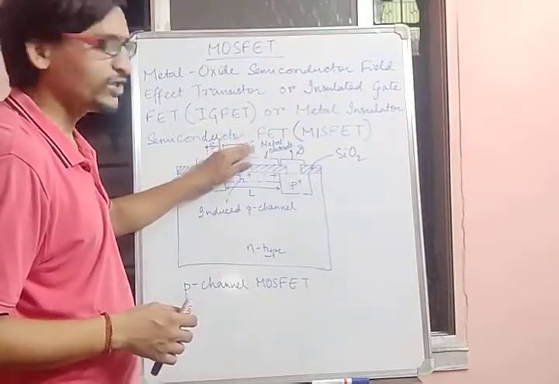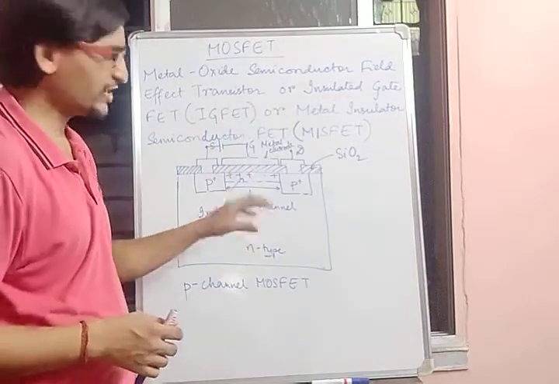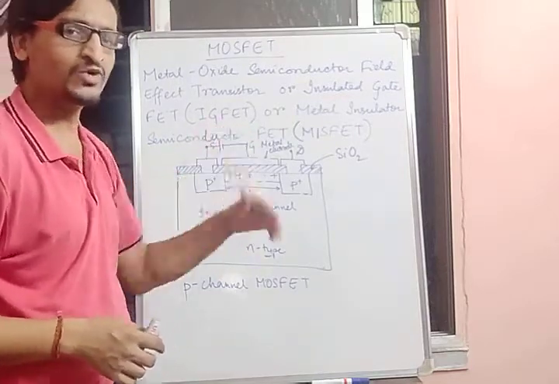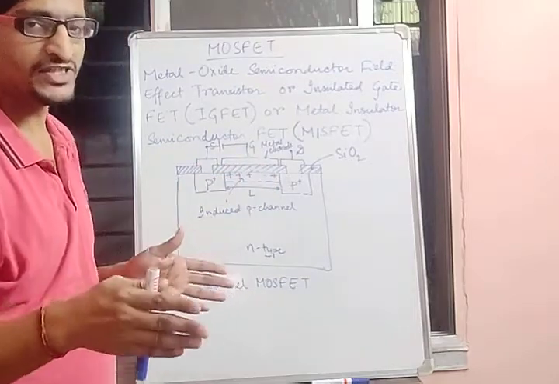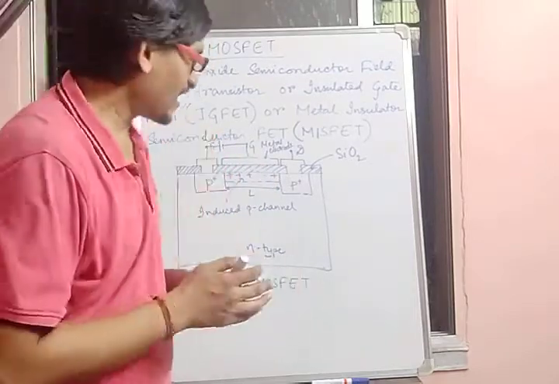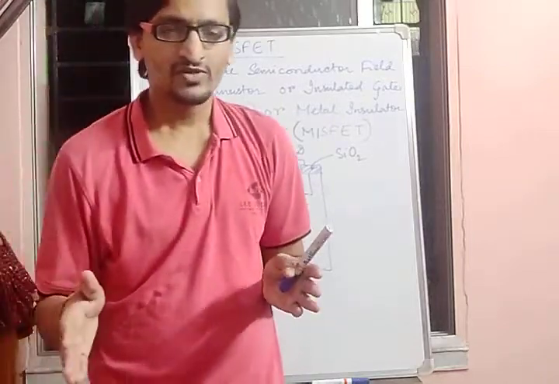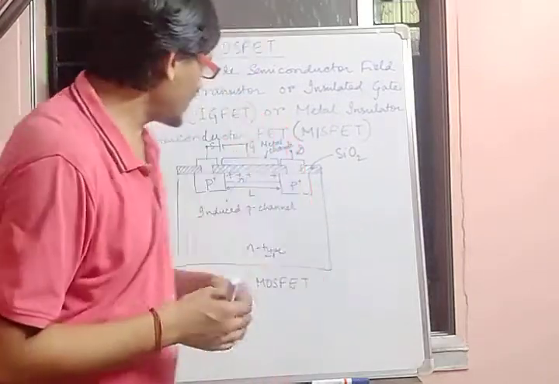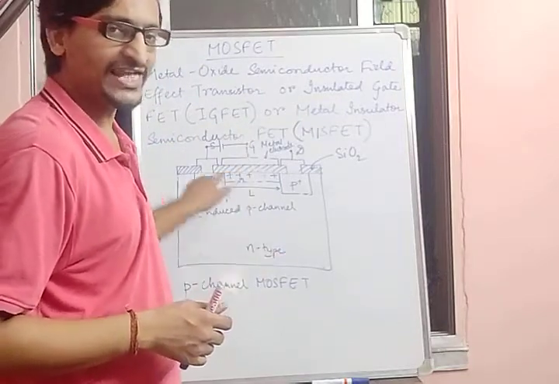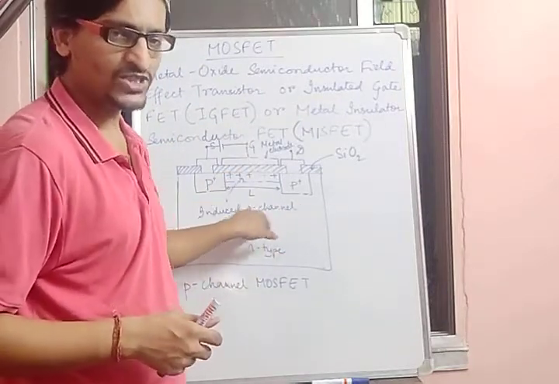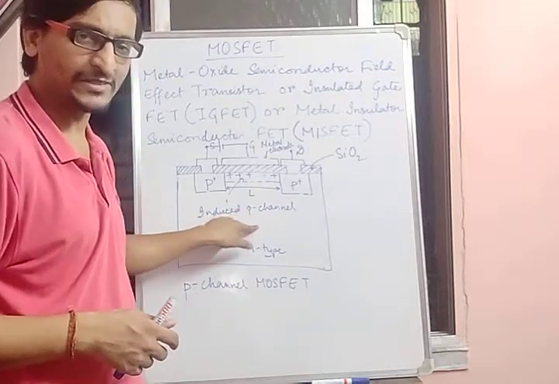Now if I make this terminal more and more negative, what will happen? After a particular threshold value, this negative voltage will attract the holes from this N-type substrate. Holes are minority carriers in this N-type substrate.